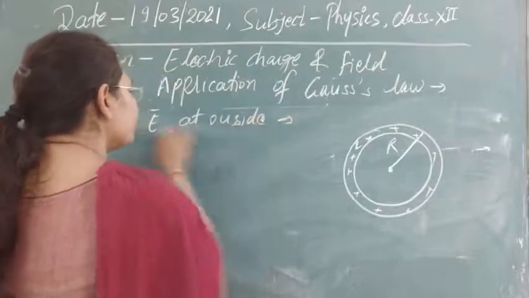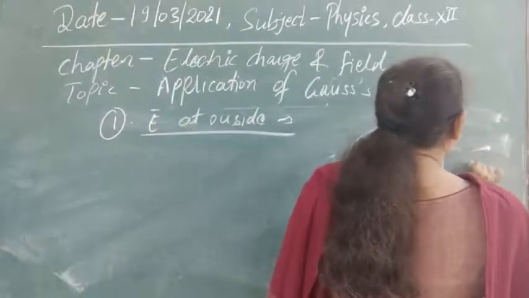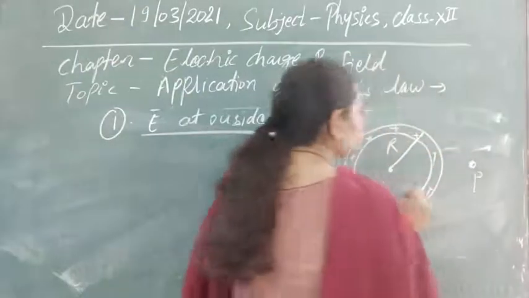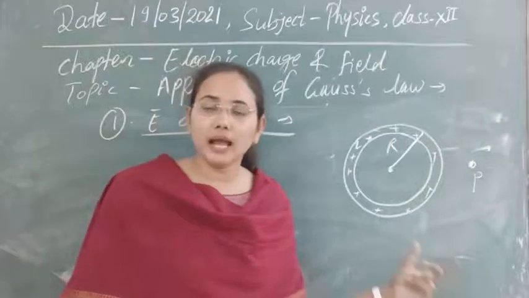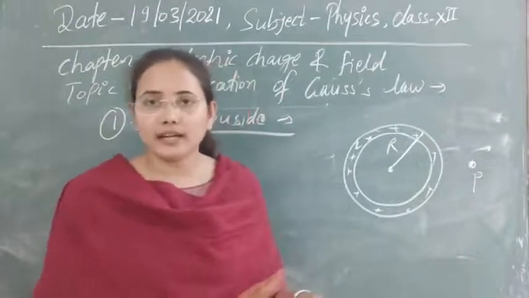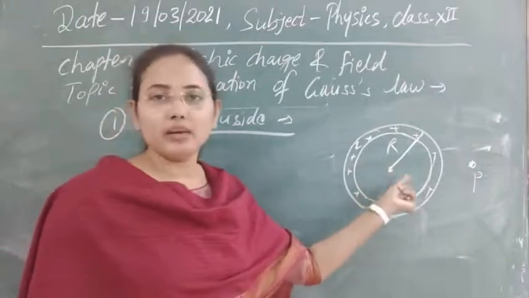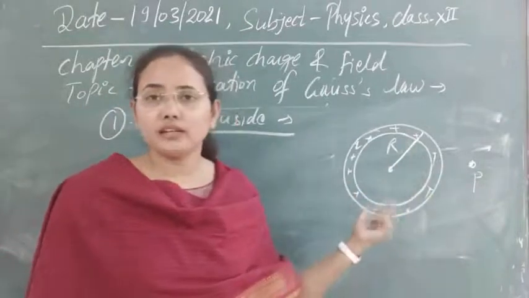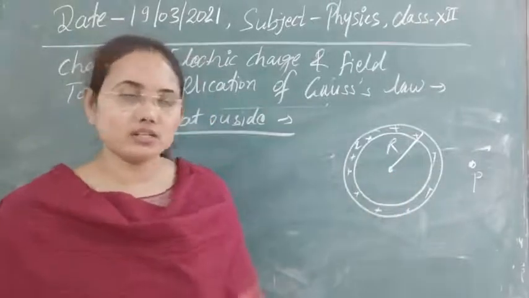In the case of outside, let's take any point P where we have to calculate electric field due to this spherical shell. First we need the Gaussian surface to apply Gauss law. Here obviously we have a sphere, and we can draw a sphere through the point that will cover the whole spherical shell, and that will serve as the Gaussian surface.